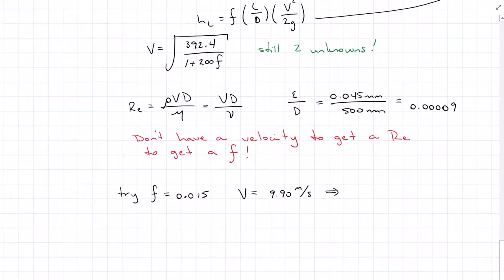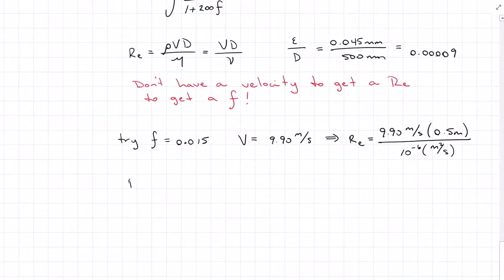which I can then plug into my Reynolds number. What are we going to get? 9.90 meters per second times our diameter all over the kinematic viscosity that I pulled out of Appendix A, which is 10 to the minus 6 meters squared per second.